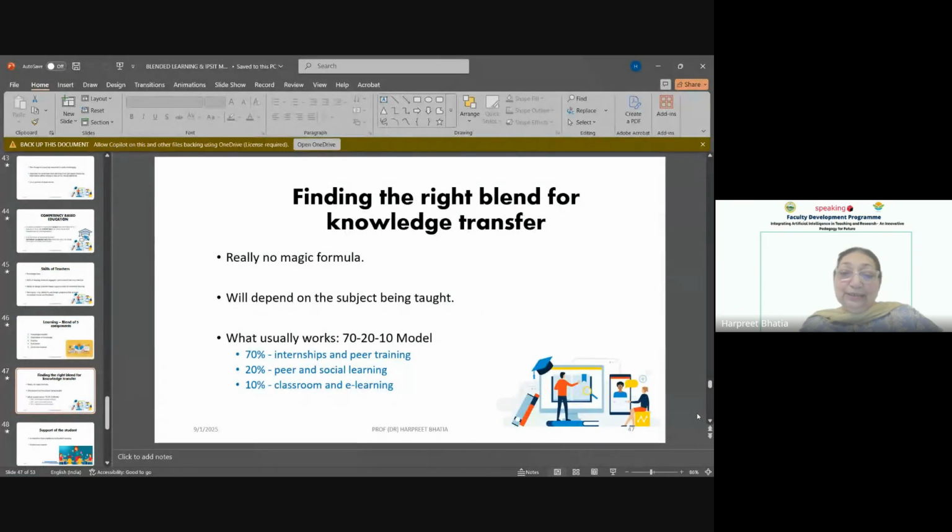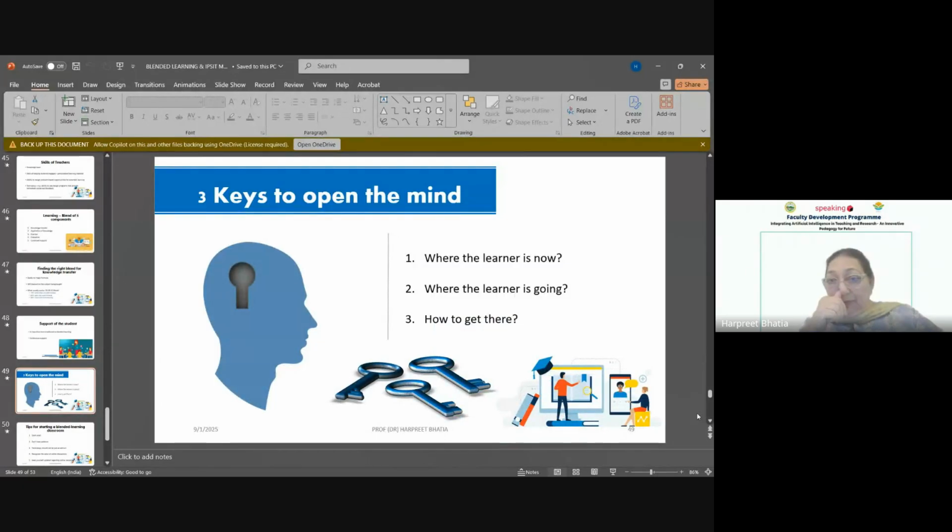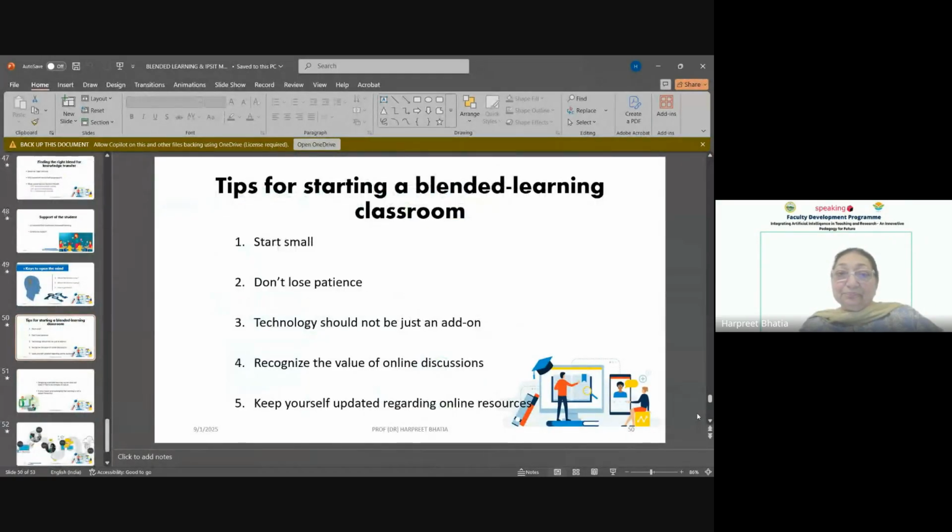What usually works is 70% internships and peer trainings, 20% peer and social learning, and 10% classroom and e-learning. So 3 questions that we need to keep in mind: where the learner is now, where is the learner going and how we can help that student to get there.